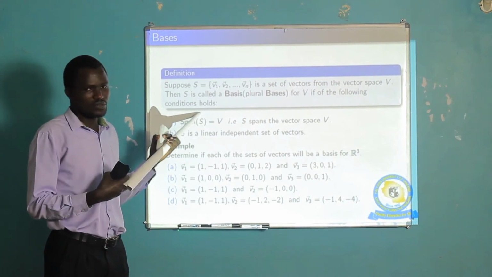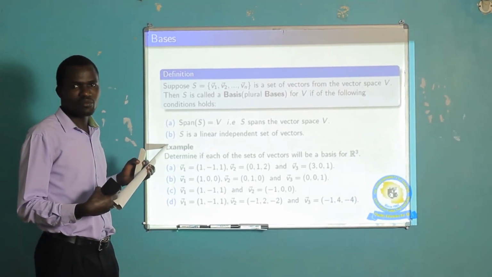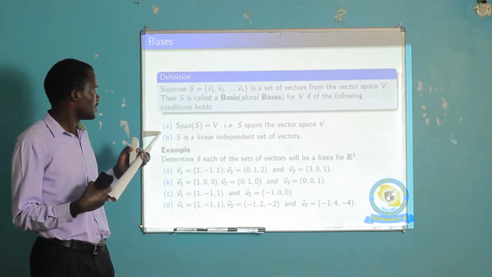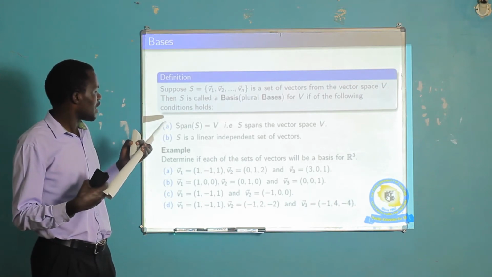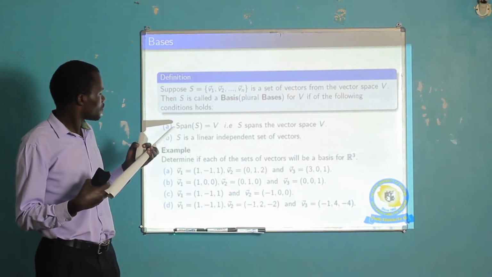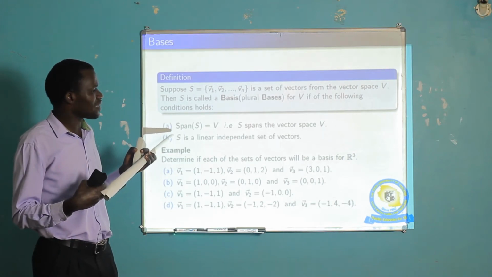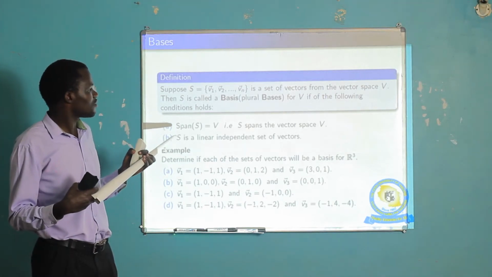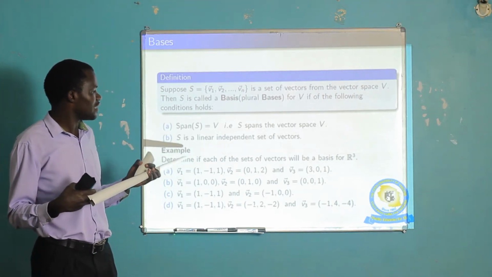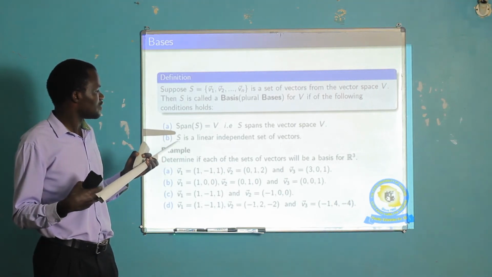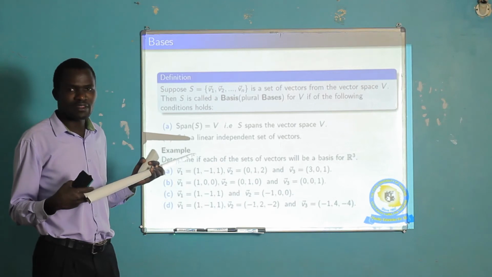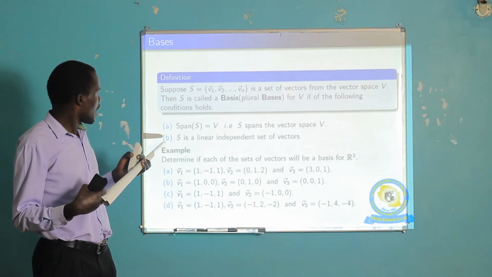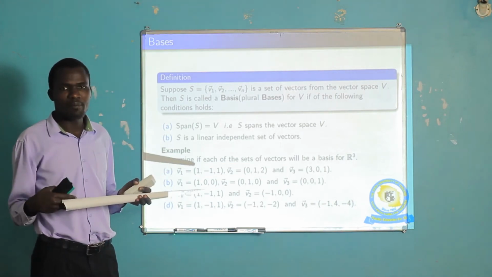If it satisfies the following conditions. The first is that S spans the vector space V. If S spans the vector space V and S is a linearly independent set of vectors in V, therefore S is called a basis.